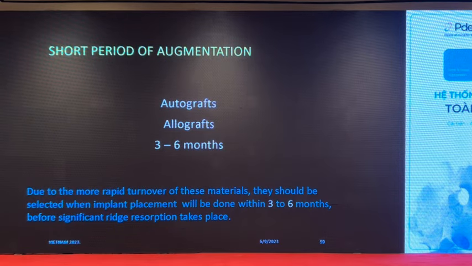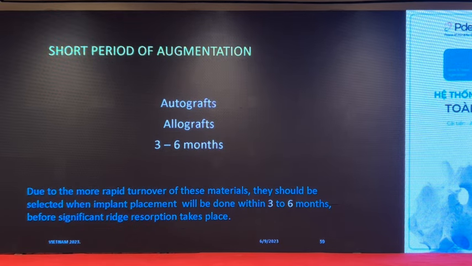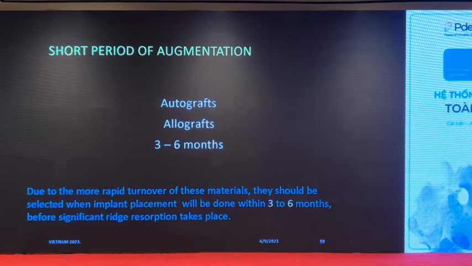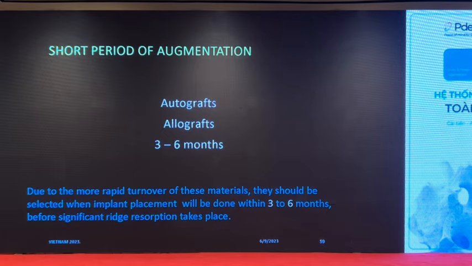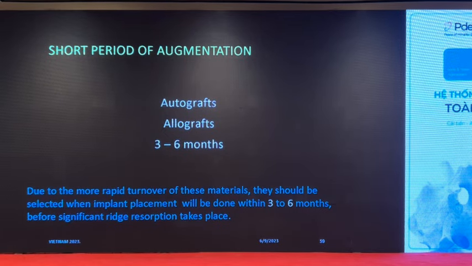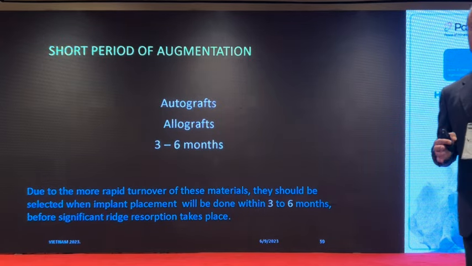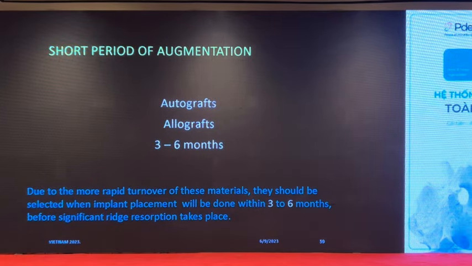Materials of short period of augmentation are autografts and allografts, and they last in the bony defect between 3 and 6 months. Due to more rapid turnover of these materials, they should be selected when implant placement will be done in 3 to 6 months, before significant ridge resorption takes place.